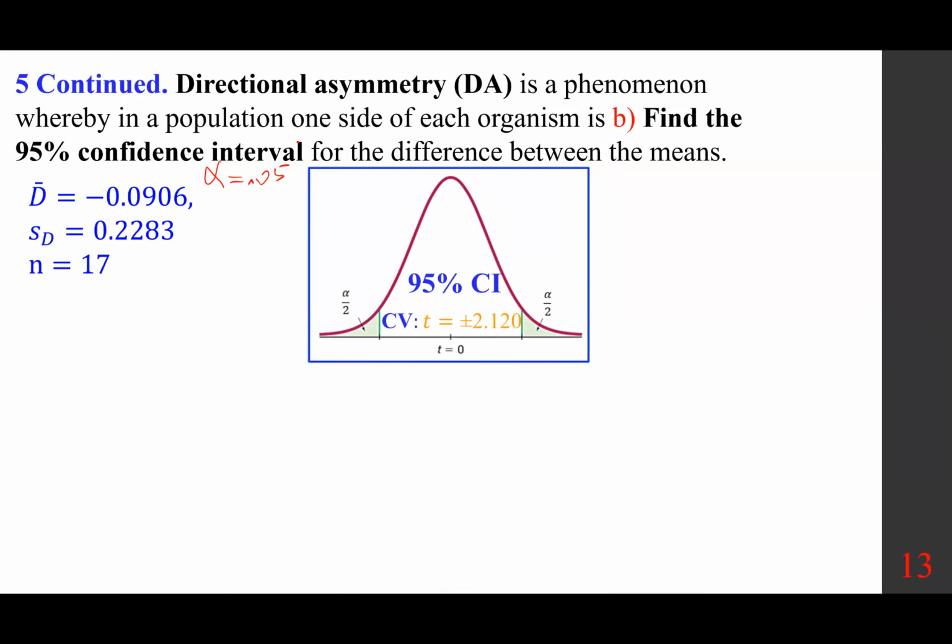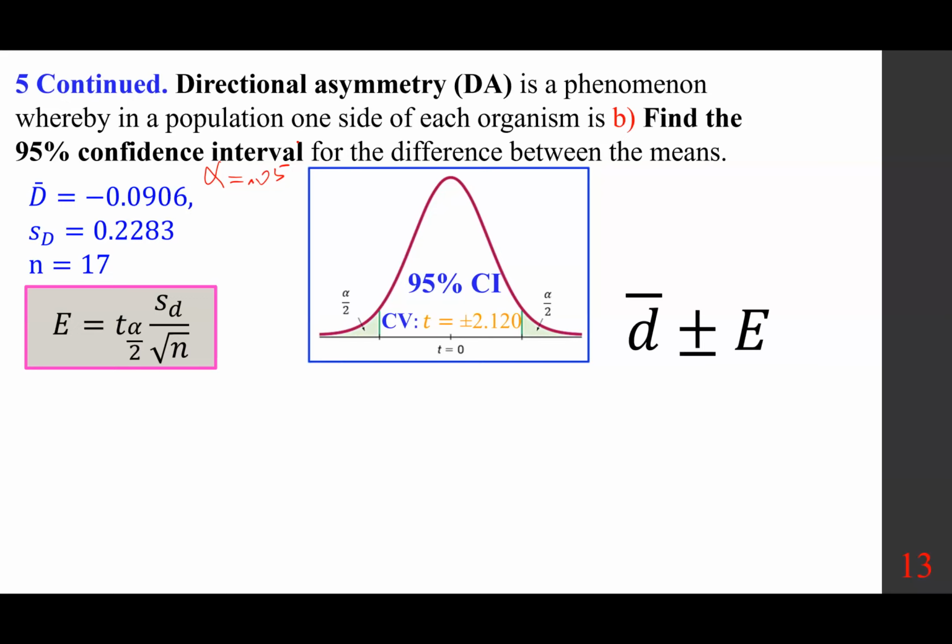All right, so d bar plus minus E. I hope you remember it was x bar plus minus E, where E was t s over square root of n. Now E is t s sub d over square root of n. It's really the same thing in essence. So plug it in, we have all the values, we have the t, we have the s sub d, we have n, and the calculation will result in 0.1174.